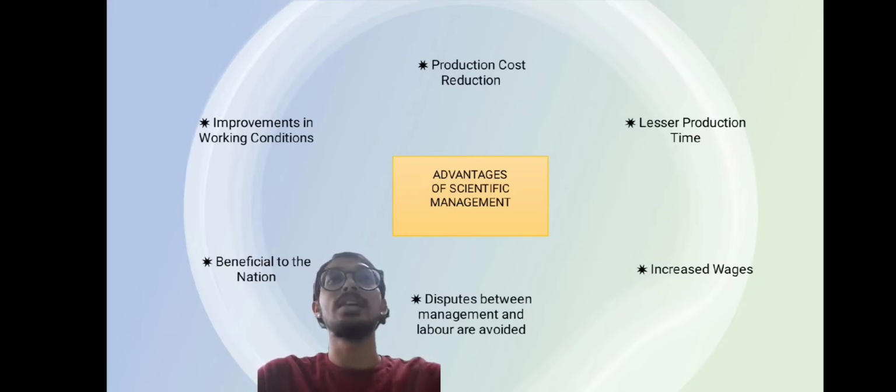Taylor proposed a different incentive strategy that would reward productive workers with higher compensation. Fifth, disputes between management and laborers are avoided. Scientific management helps with the development of good collaboration between management and labor. Lastly, it is beneficial to the nation.